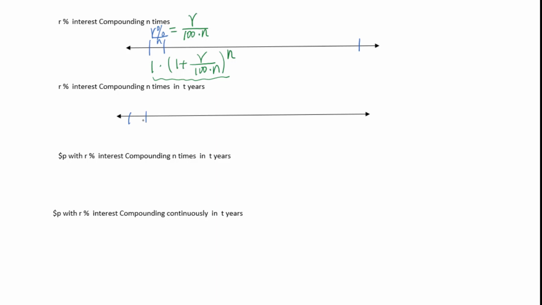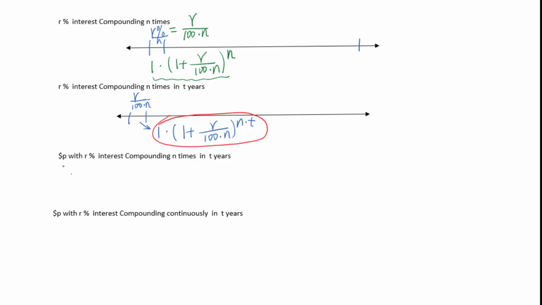The first period, the interest will be r over 100 times n, and the total money after the first period, we will get 1 times 1 plus r over 100 times n. Then it will be compounded n times t times. So this is the money after t years we will get from the bank.